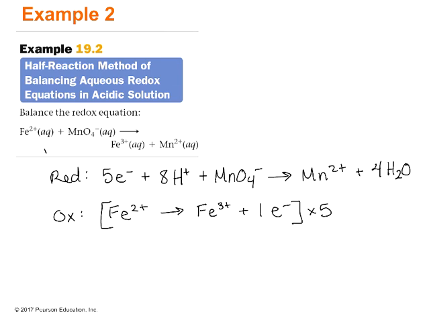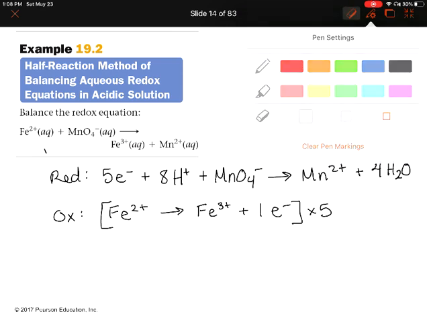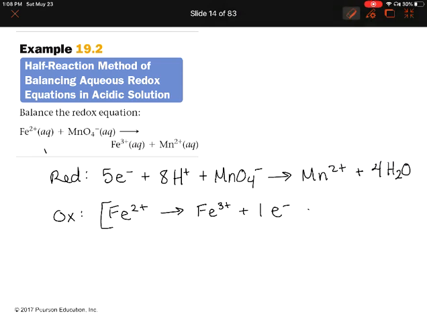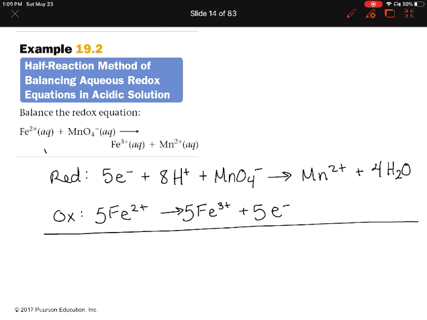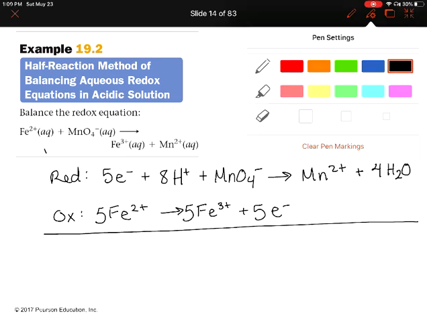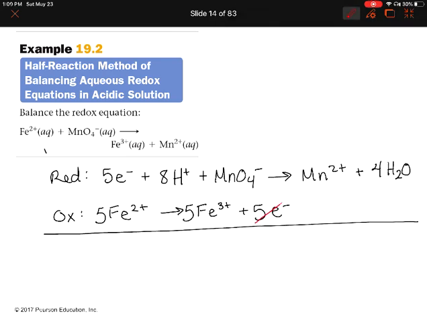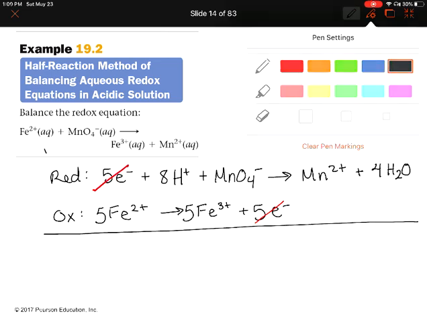Okay, so now I'm just going to rewrite this just to save room. So now this is going to become 5 iron 2 plus, 5 iron 3 plus, and 5 electrons. So now we can add both of these half reactions together. And then let's cancel the 5 electrons on the left and right hand sides of the arrow.